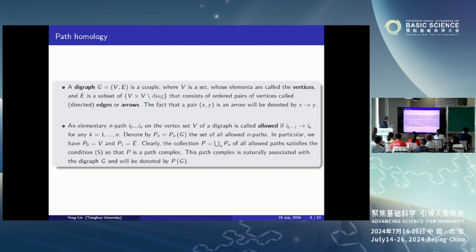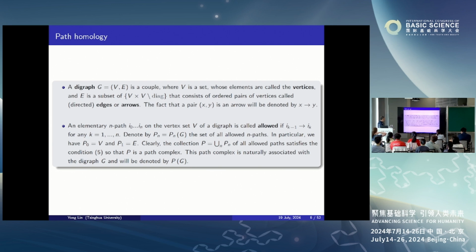Given an elemental P path, N path I0 to IN from the weighted set V, we call it allowed if the pair IK minus 1 to IK is an edge, for any K from 1 to N. We denote by Pn the set of all allowed N paths.